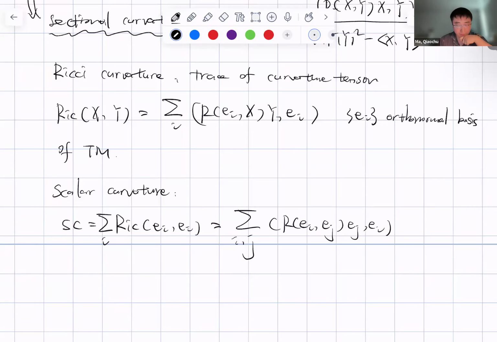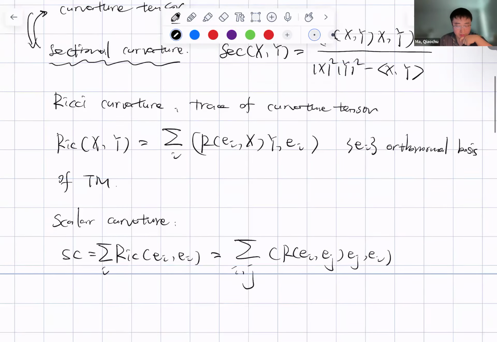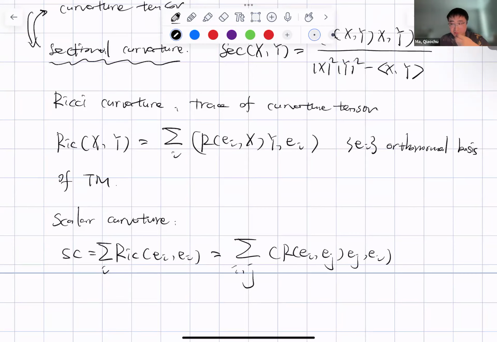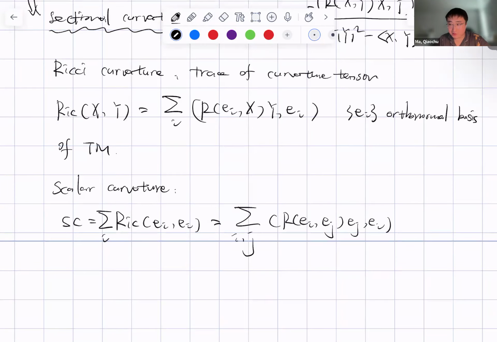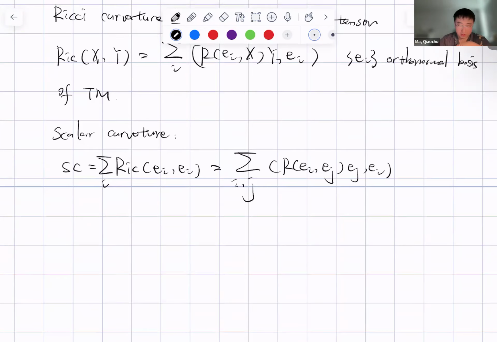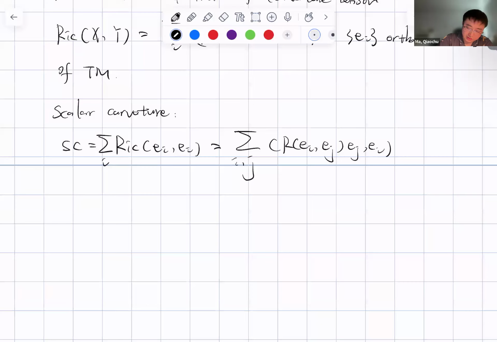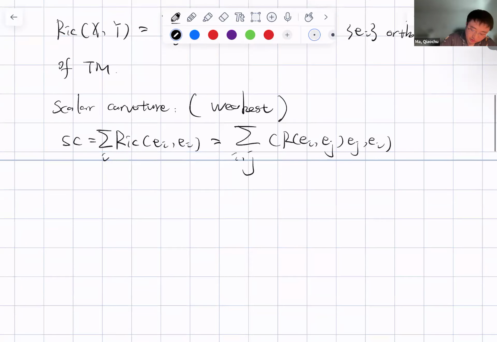So from the curvature tensor to scalar curvature, we take the trace twice. In this step we lose even more information. So to some extent, scalar curvature is the weakest curvature invariant, and it has very different behavior compared to sectional curvature and Ricci curvature.